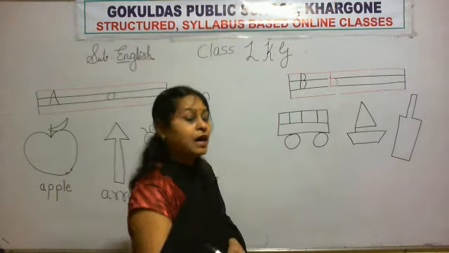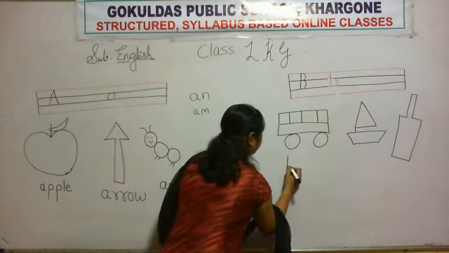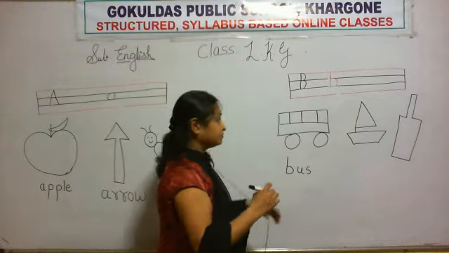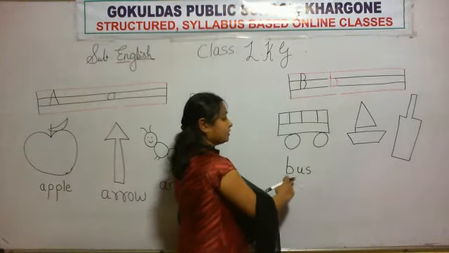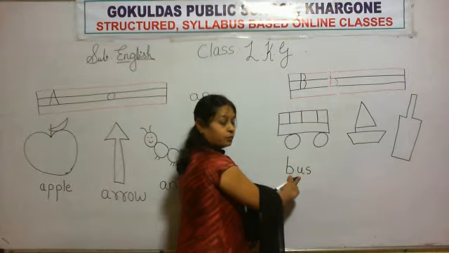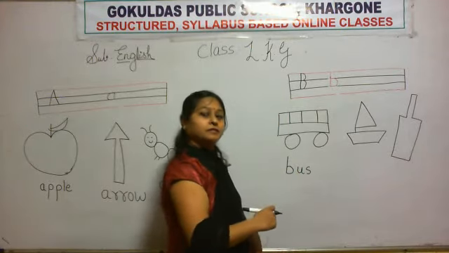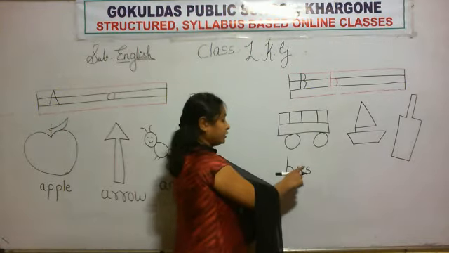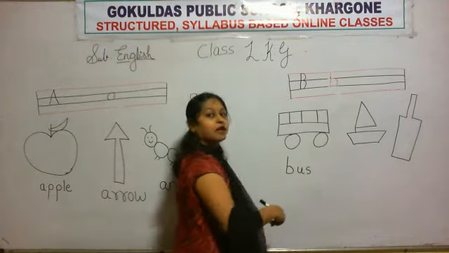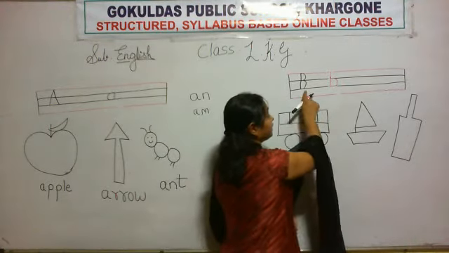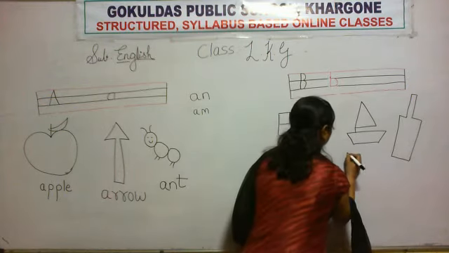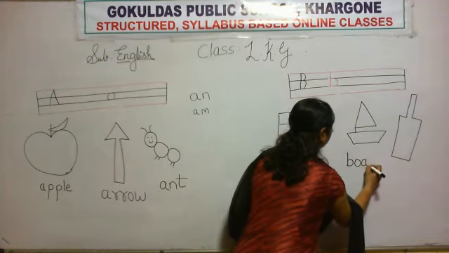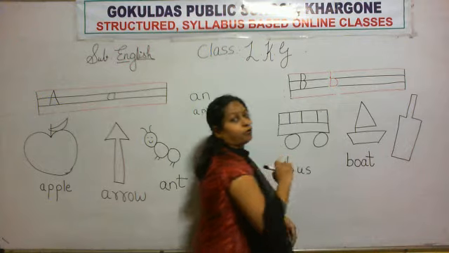B for bus. B U S. Bus. B for boat. B O A T. Boat.